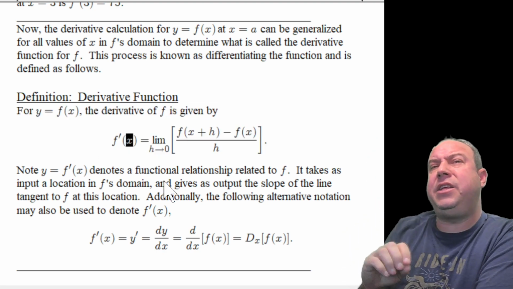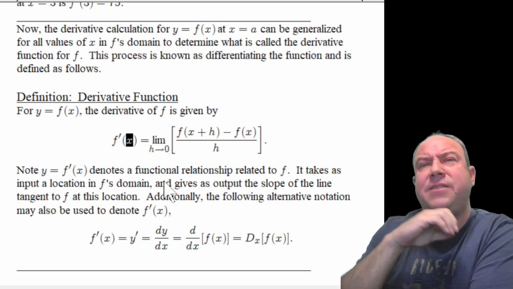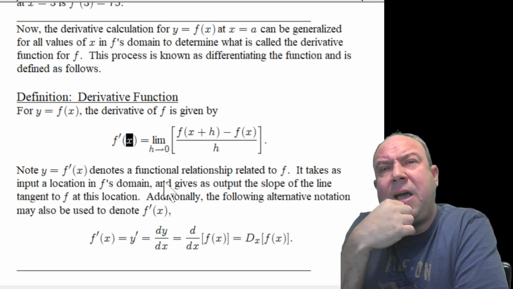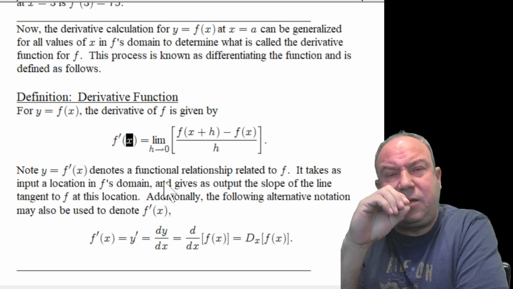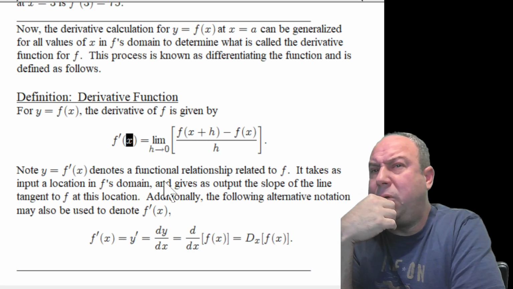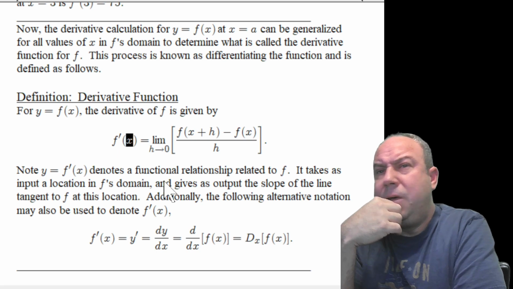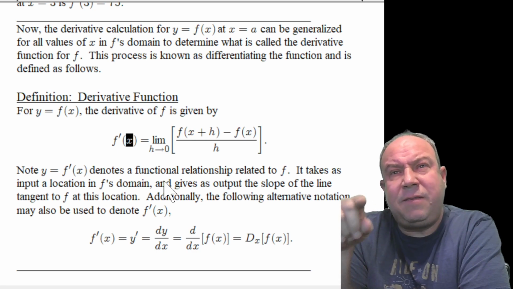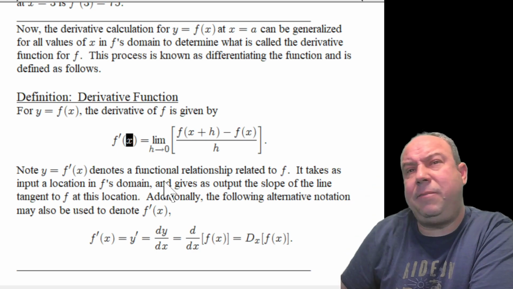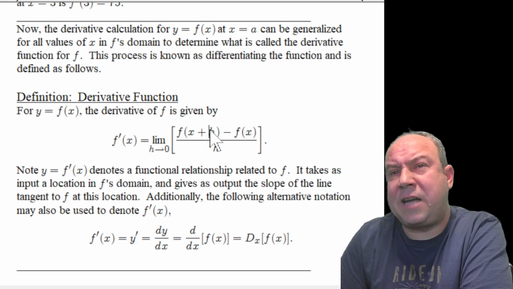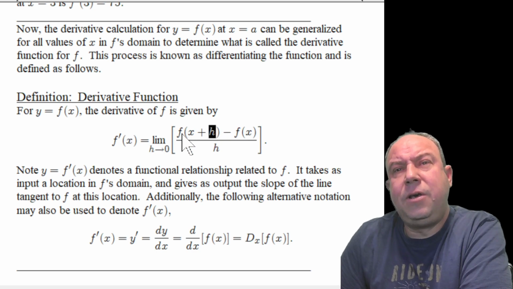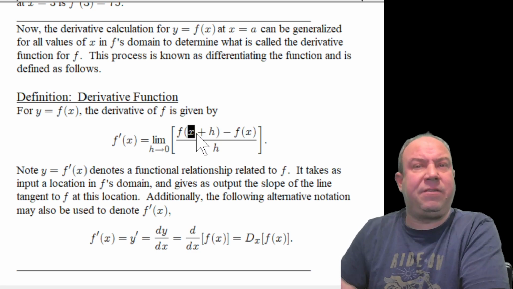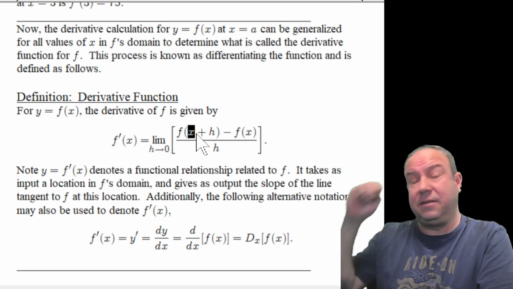We have stated it in general just for the value of x. And that's what's unique about this calculation, is that x, where we replaced it with the value of a in the previous example, is not a limit calculation that depends upon that value of x. It's a limit calculation that depends upon this horizontal distance h. So we can generalize it to any given value of x, as we see done here in this definition.